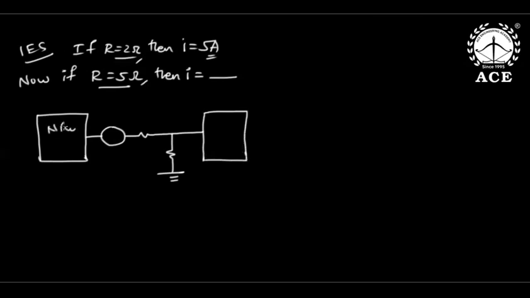Network A, network B, 10 amperes, R, 1 ohm, and this is I, and this is I. If R is 2 ohms, I is 5 amperes. Now if R is 5 ohms, I is how much?